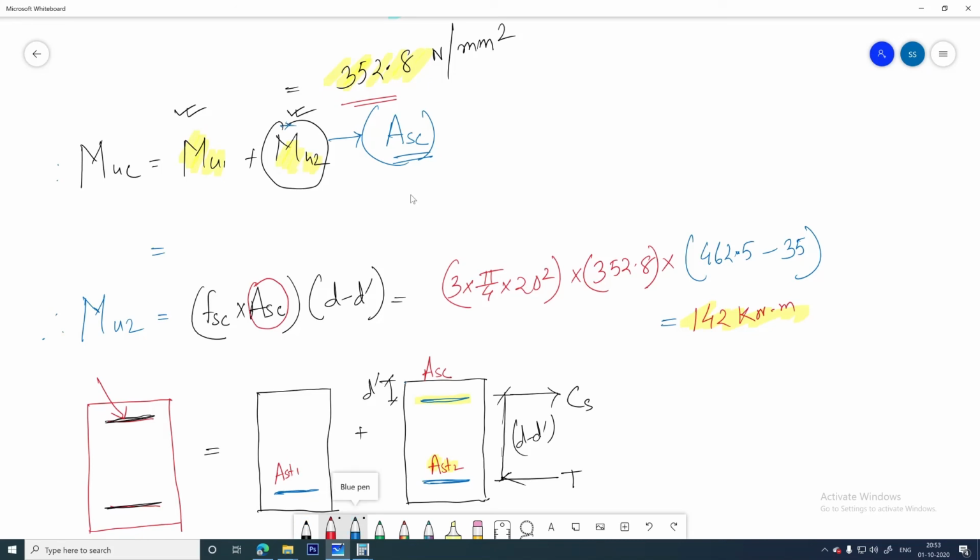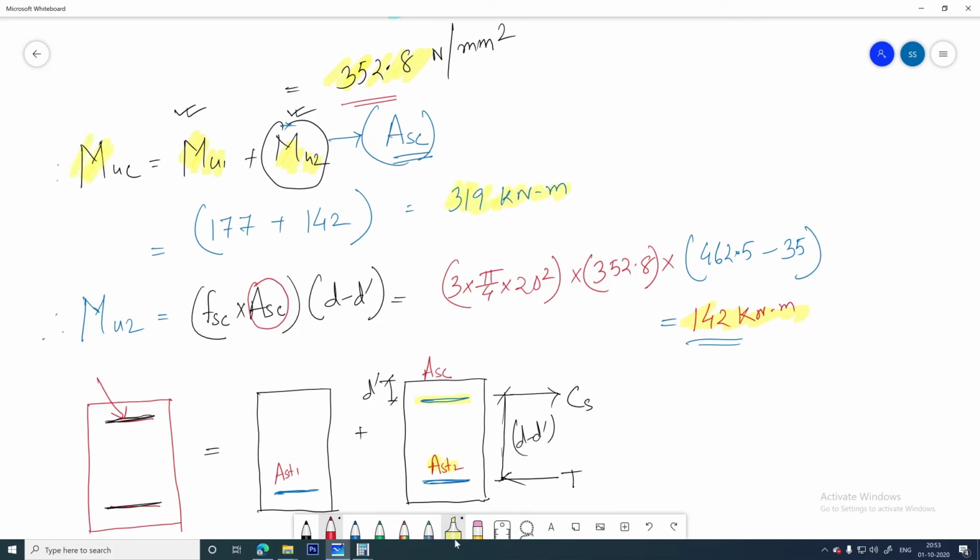So let us write 177 plus this 142. So the final value, after doing the summation, we will get is 319 kilonewton meter.